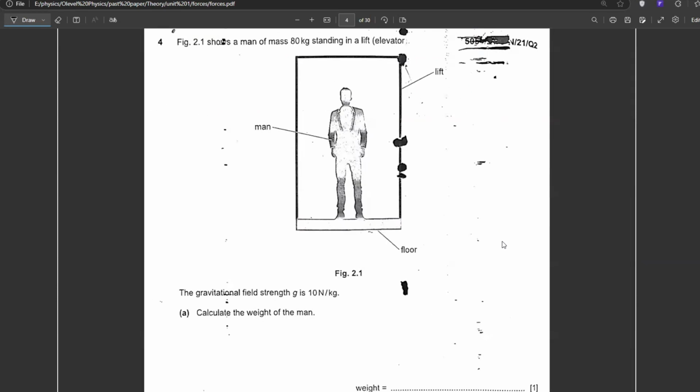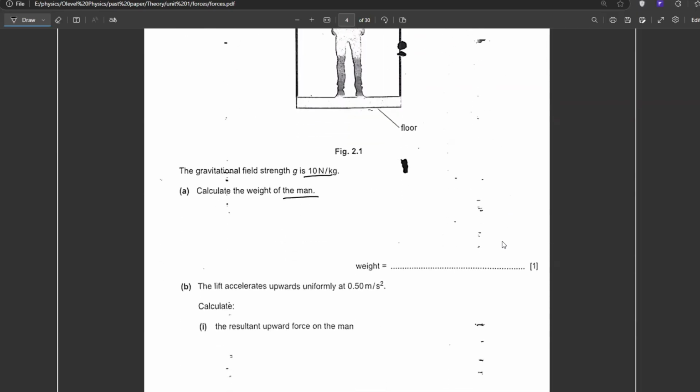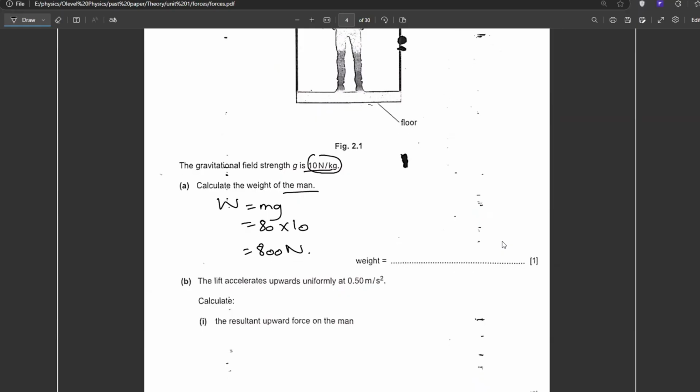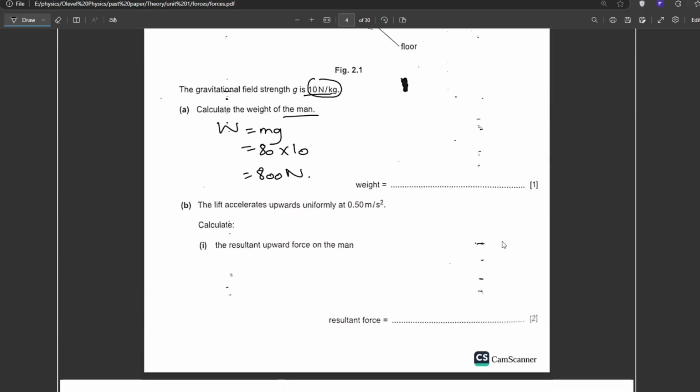Figure 2.1 shows a man of mass 80 kg standing in a lift. The gravitational field strength is 10. Calculate the weight of the man. Again, very easy. Weight is equal to mg. Your mass is 80. You are told to take the gravitational field strength as 10. Your weight comes out to be 800 newtons. The lift accelerates upward at a uniform acceleration of 0.5 m/s squared.